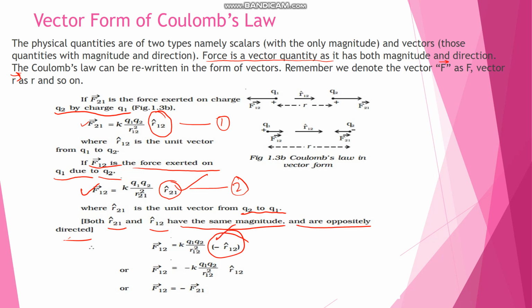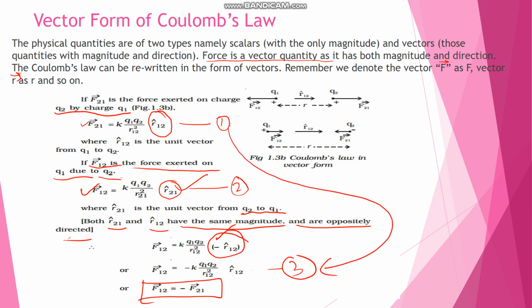As we know, if we change the direction of a vector, then a negative sign will come. So the F12 and F21 vectors will be the same in magnitude. By equations 1 and 3 we will get this final result. This shows Newton's third law.